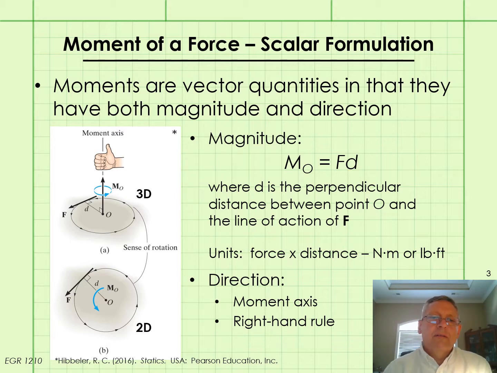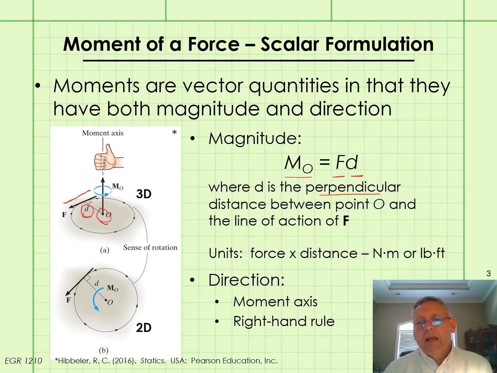Let's look at the diagram here. We have a force F acting at a perpendicular distance d from the point O. The magnitude of the moment of F about point O, written M sub O, equals the magnitude of F times the perpendicular distance d.